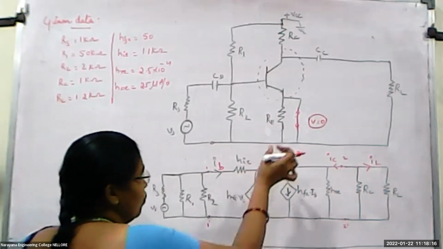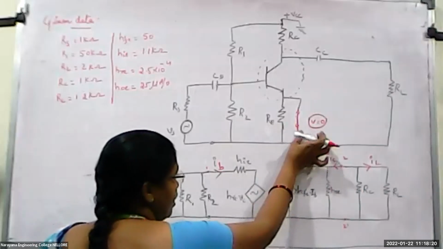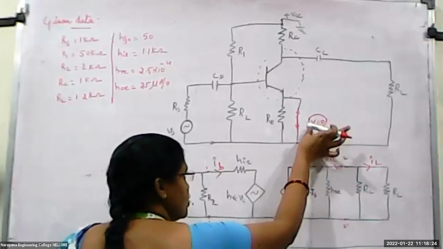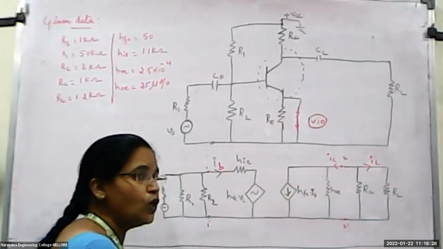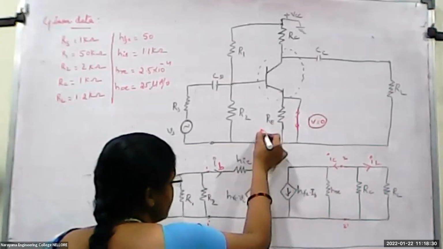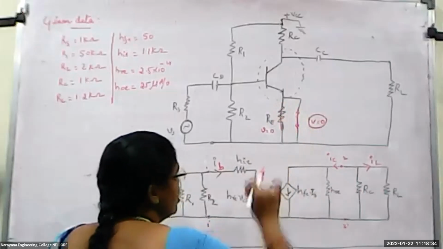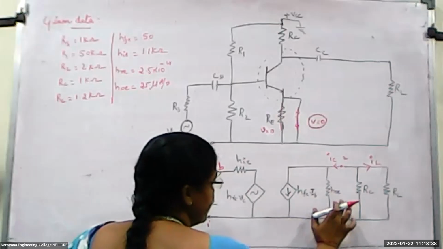So this RE is connected parallel to this capacitance. Voltage at this capacitance 0 means automatically voltage across this RE is also 0. So this also acts as a short circuit. So that's why I am not representing RE in this circuit.